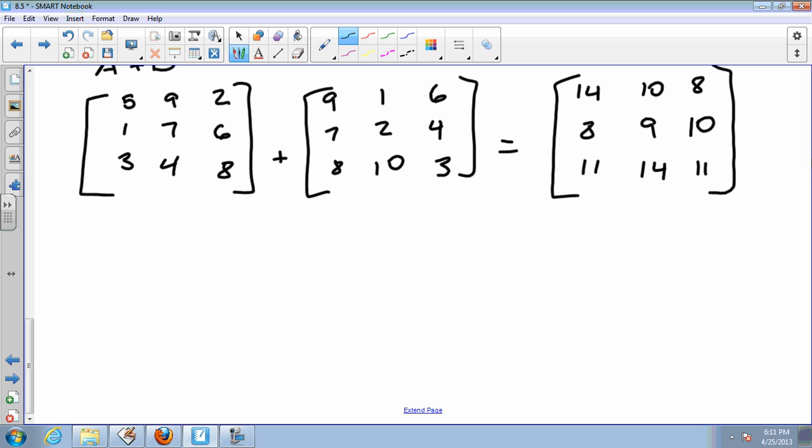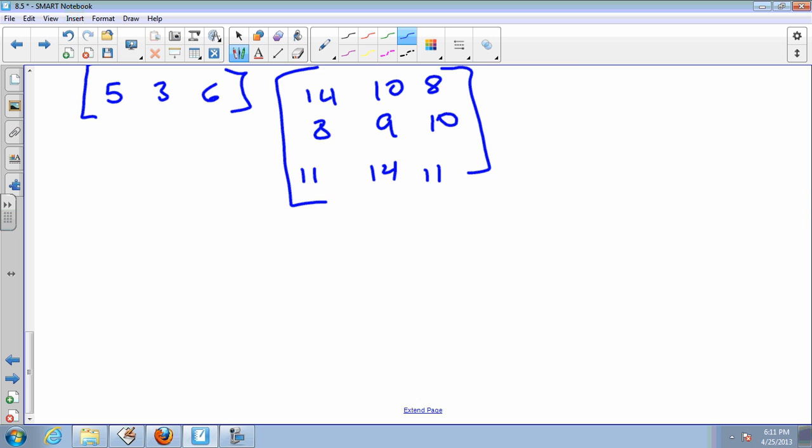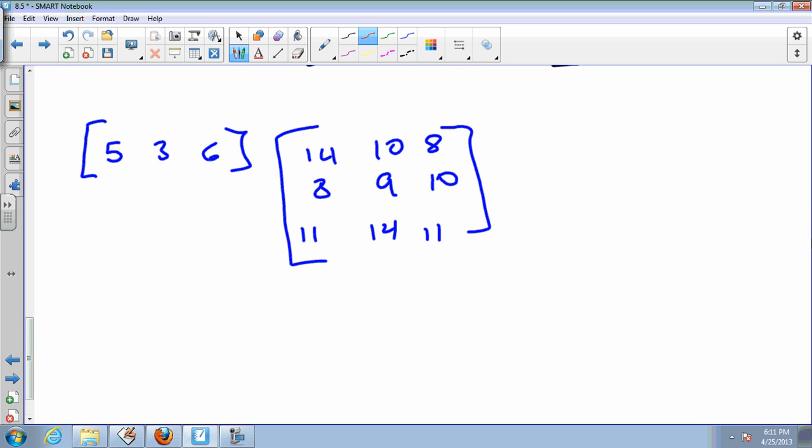Now we're going to take A plus B, which we just did, and multiply it by C, 5, 3, 6. So we have 5 times 14 plus 3 times 8 plus 6 times 11.